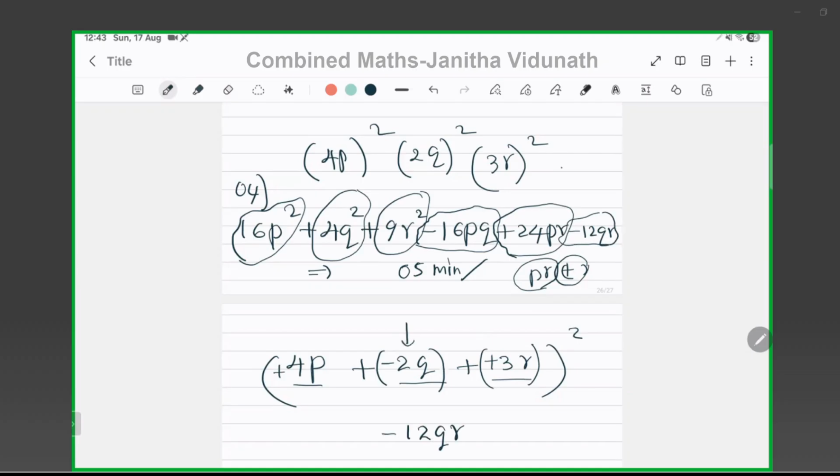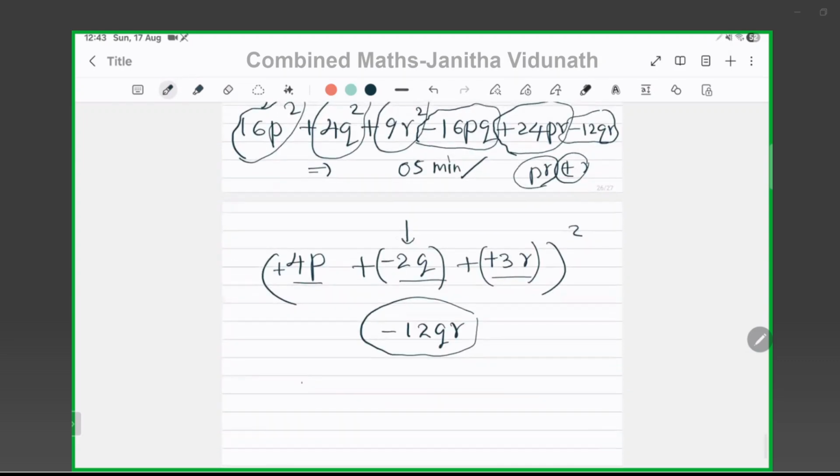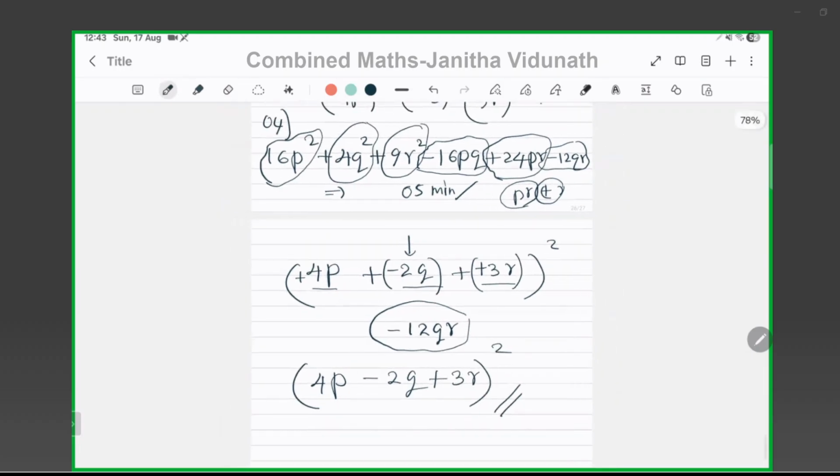Since q is a negative value, to make the final product negative, the term with r should be positive. Then we can get the final result as 4p minus 2q plus 3r whole square. So I will give another 1 minute to write down this.